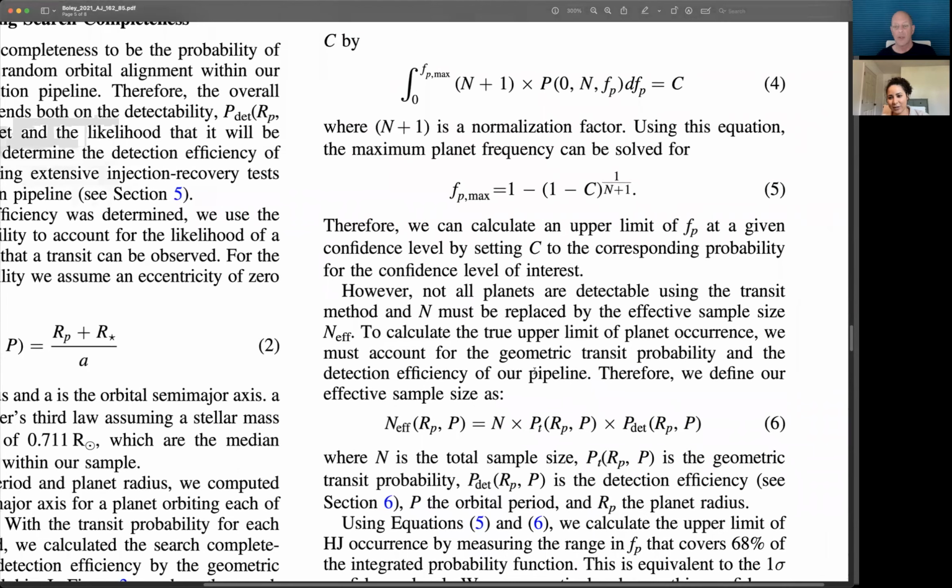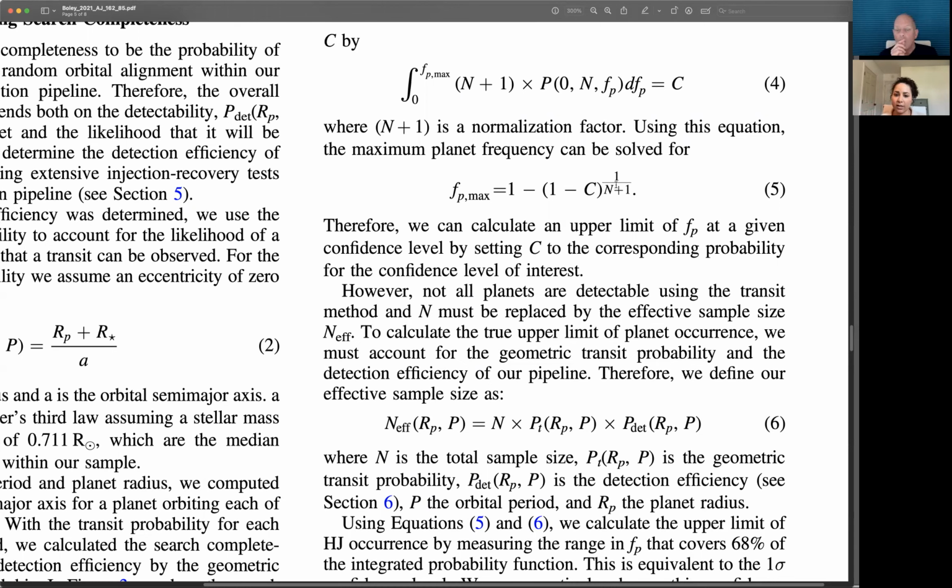After you do a little bit more math, you end up getting this upper limit of the occurrence rate, in equation 5. All this depends on is your confidence interval. You can choose 1 sigma, 2 sigma, 3 sigma.